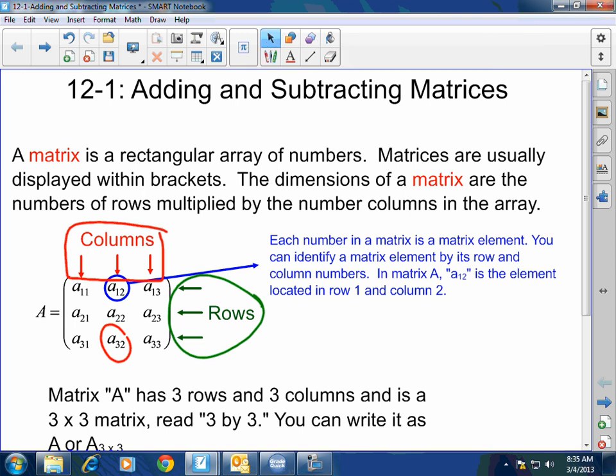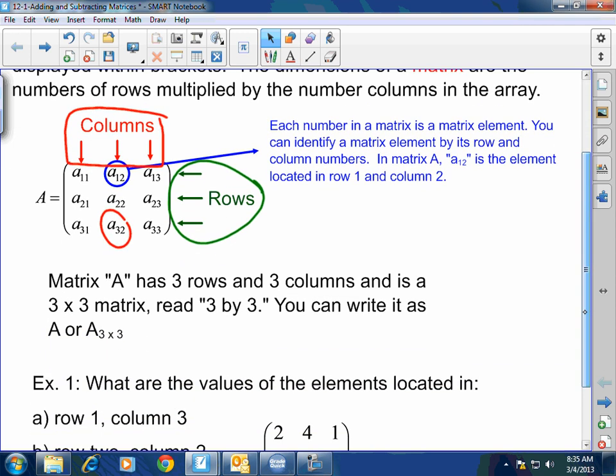Now, as far as reading a matrix, this matrix here, which we're going to call matrix A, has 3 rows and 3 columns, and is a 3 by 3 matrix. It's read 3 by 3. You can write it as A, you just say matrix A, or you can say A 3 by 3.